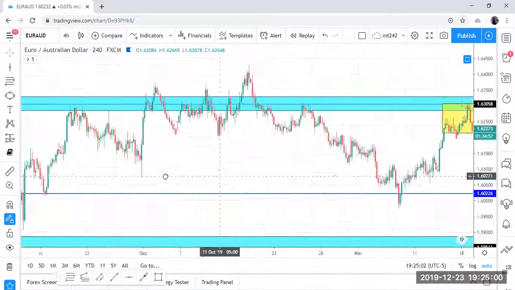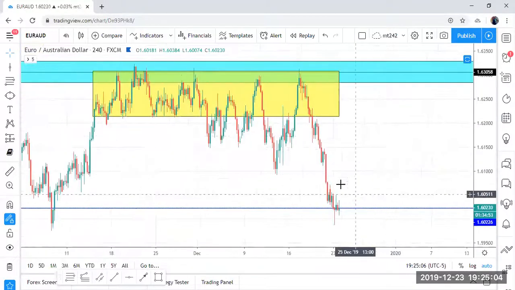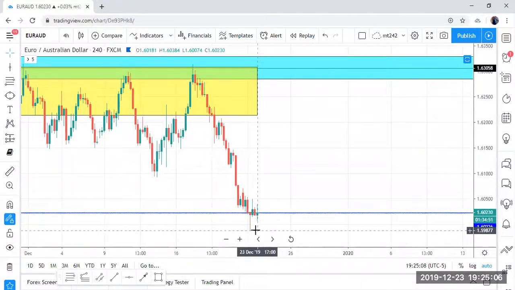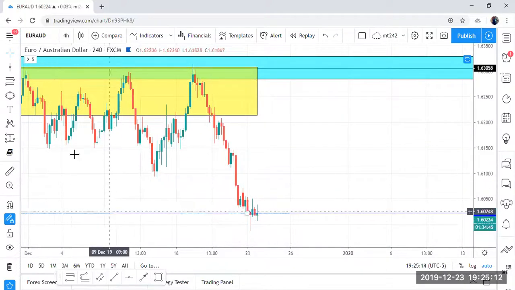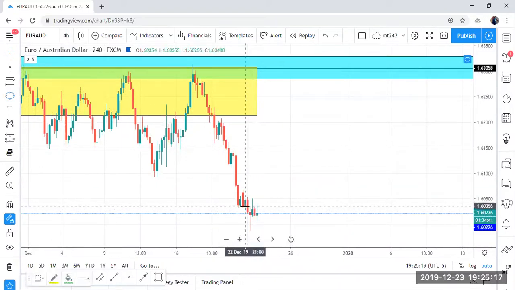I see support here. Price is in this area right now where we saw support in the past. So we possibly could have a setup coming out of this right here.